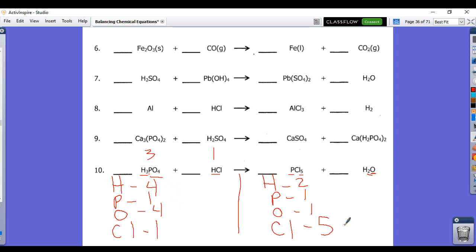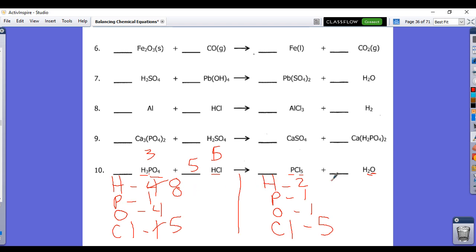So chlorine 1, this chlorine is 5. To make this one 5, I'm going to put a 5 there, which makes that one 5. But it also changes this hydrogen to a 5. So now instead of 1, there's 5 here. Now 5 plus 3 gives us 8 hydrogens.